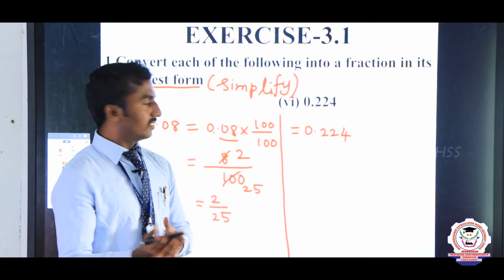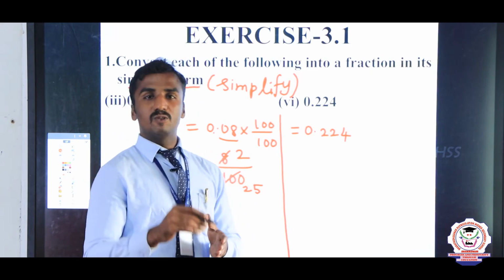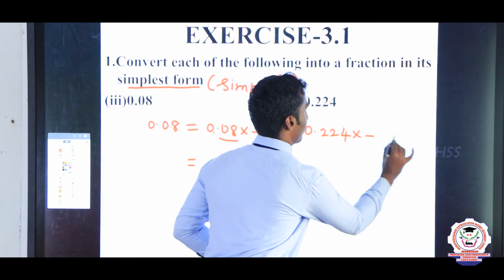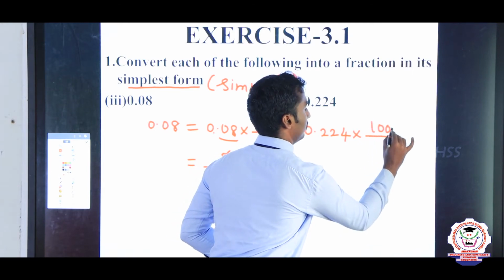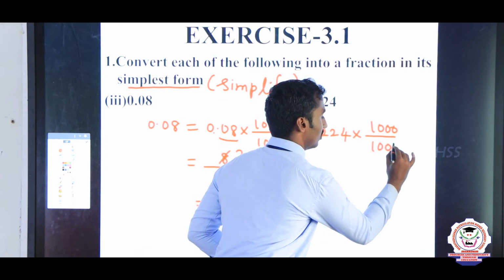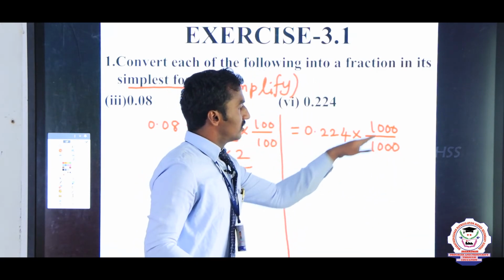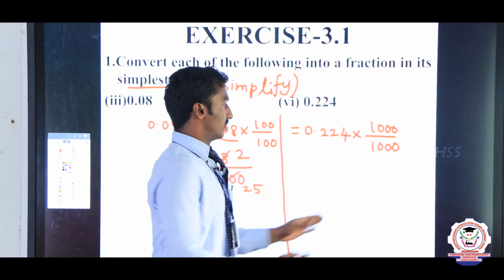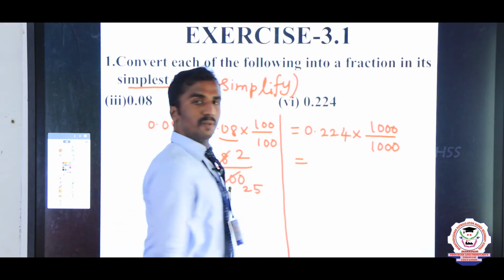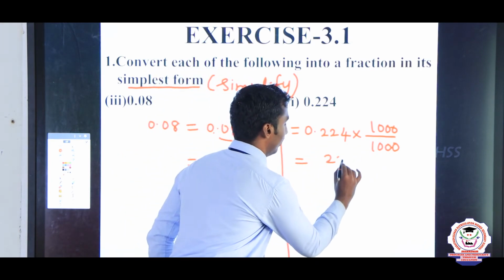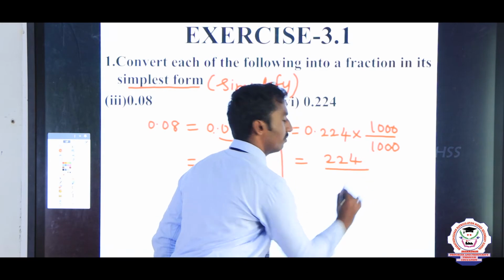There are 3 digits, so we multiply both numerator and denominator by 1000. 0.224 into 1000 we get 224, and the denominator is 1000, so we get 224 divided by 1000.